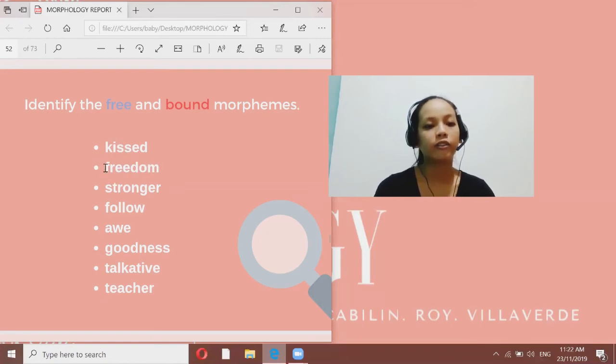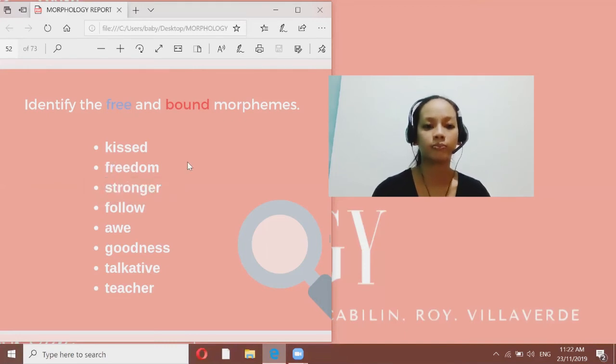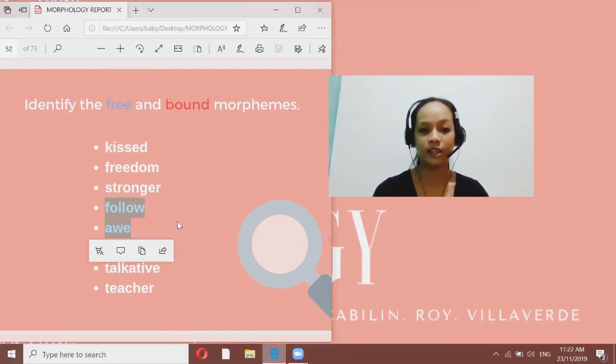For freedom, the free morpheme is free and the bound morpheme is dom. Stronger uses the free morpheme strong added with the bound morpheme er. Now for follow and awe, these are actually just free morphemes.